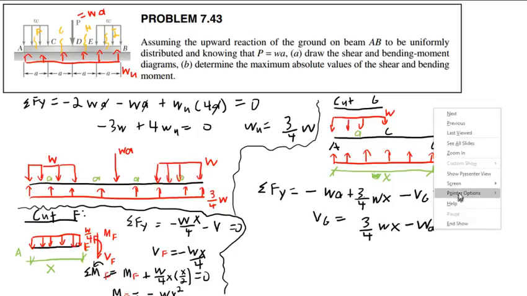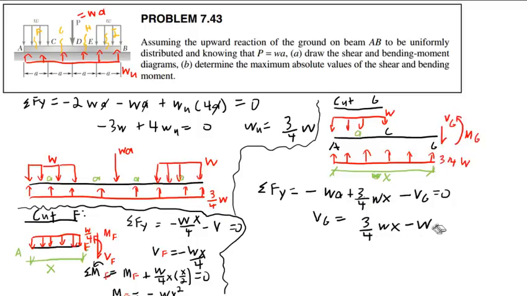Why is it WA? W times a is the question. It's WA because it's this distributed load. This is a kips per foot or a pounds per foot. I need to multiply it by a distance to get an actual force in pounds or newtons.